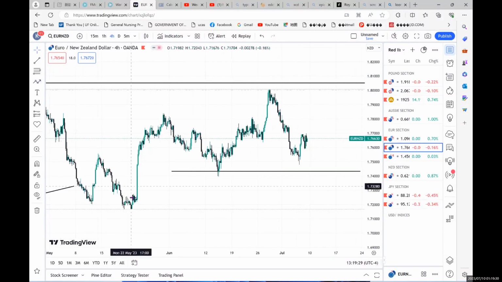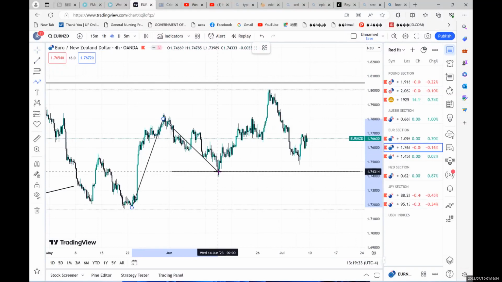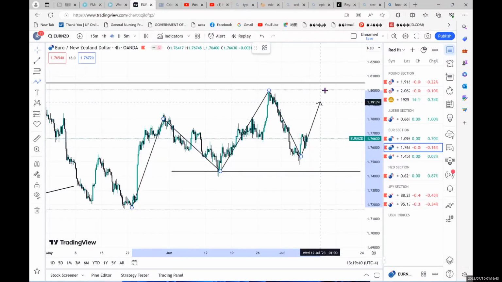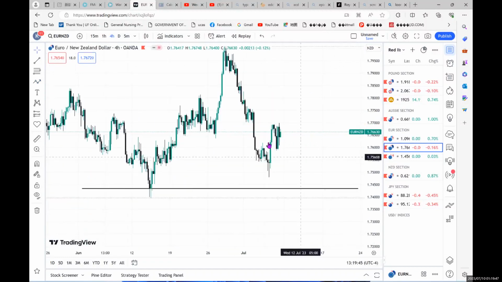So we had higher low, higher low, and higher high. And this here is a potential higher low, and for price to continue back up into this level here. So as you can see, our last lower high, this level here was broken. Price gave us a retest and this big bullish candle.